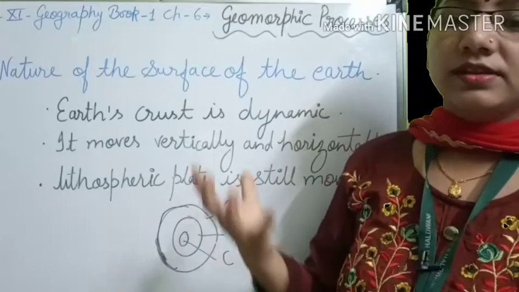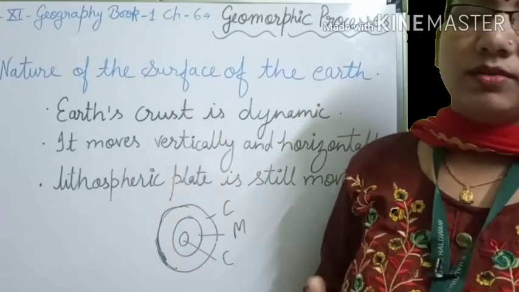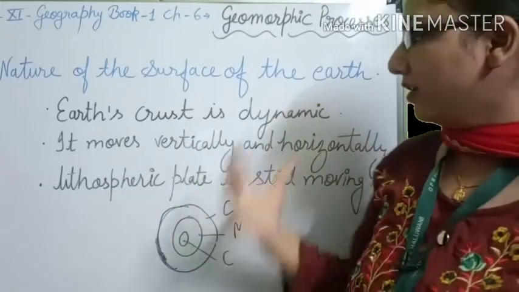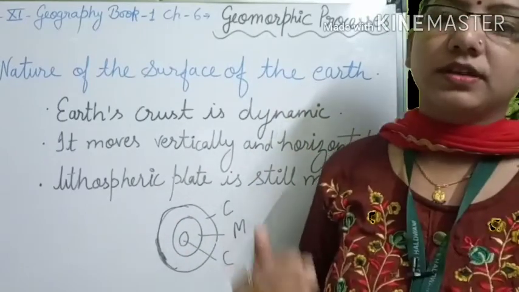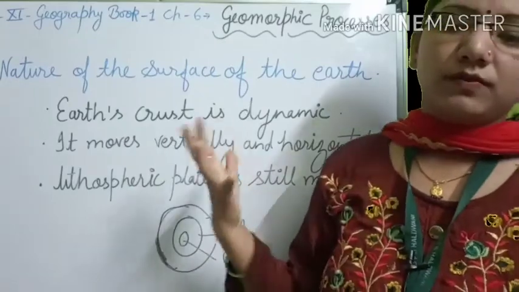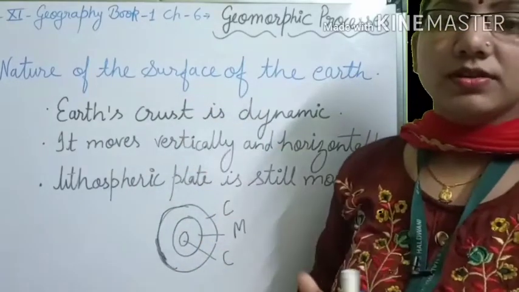Okay, so students, as you studied in your previous chapter, our earth was formed around 4.5 billion years ago.